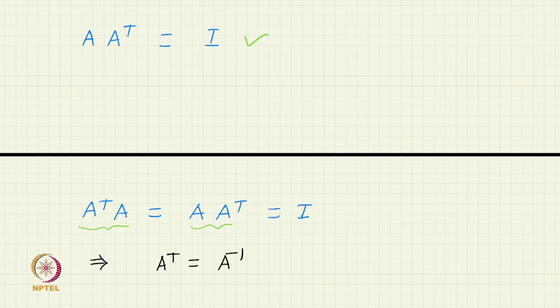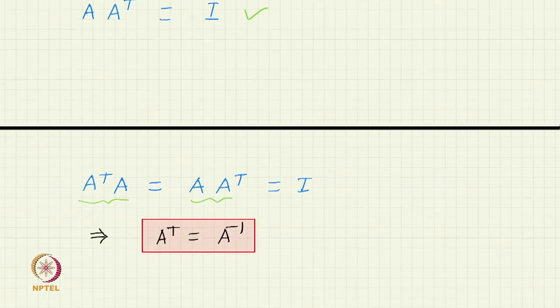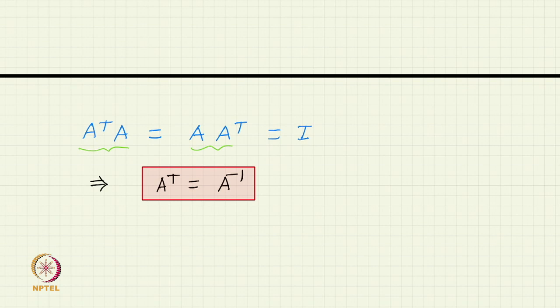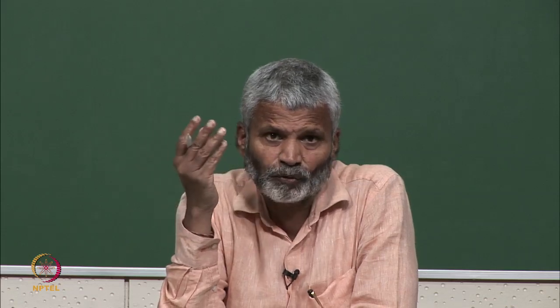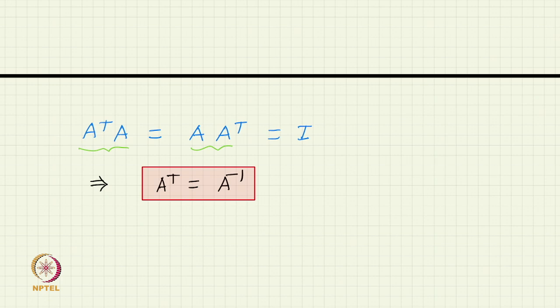This is an extremely interesting result for orthonormal transformation matrices: if we want to find the inverse of the matrix, it is nothing but the transpose of the matrix. This is sometimes called the orthogonality condition, and such matrices are known as orthogonal matrices.